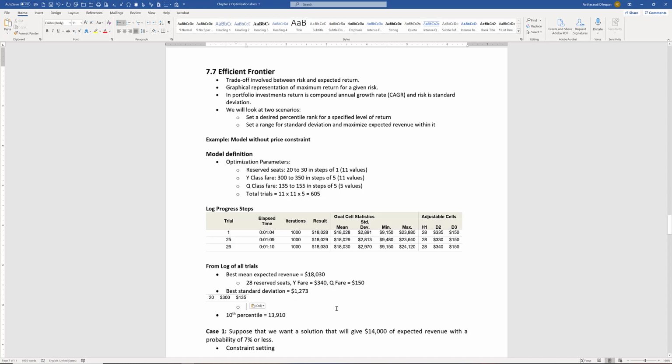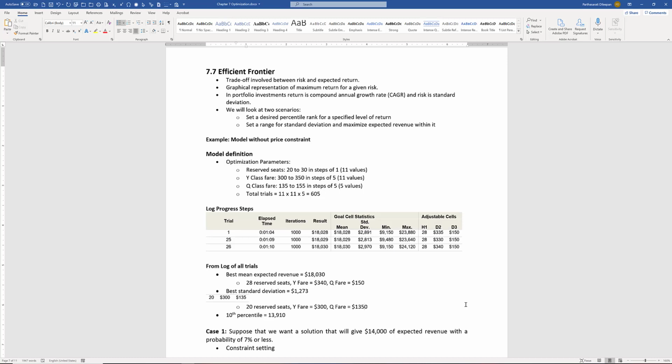We need to type that, so I'm going to copy that down here and make the changes and delete what I pasted. So 20 reserved seats, 300 and 135.